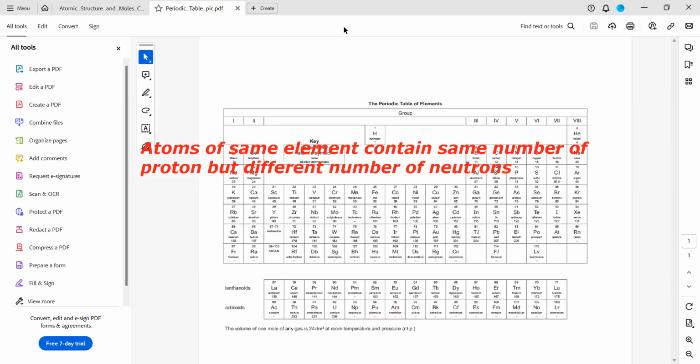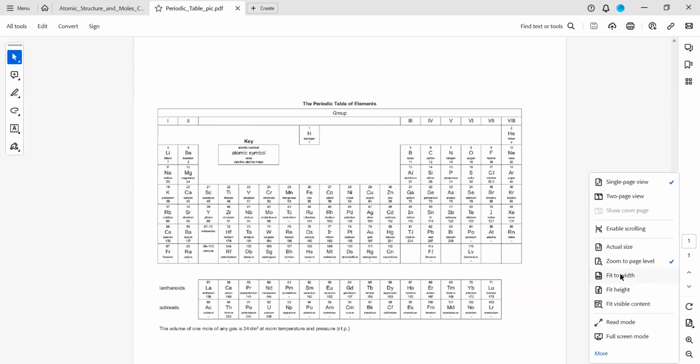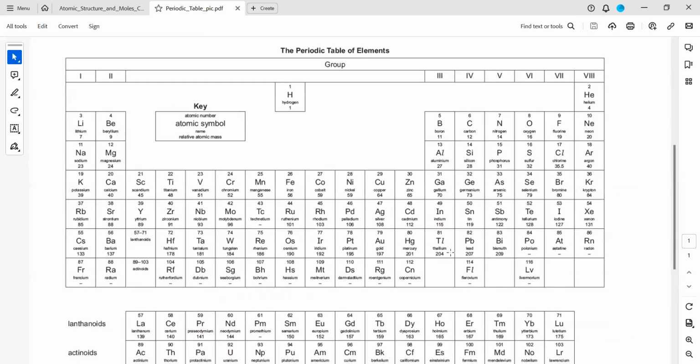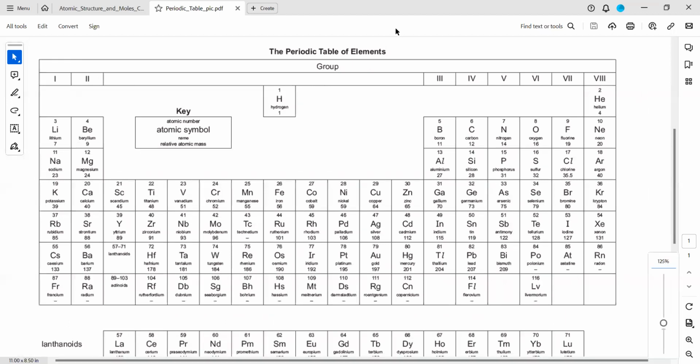So when you check the periodic table, what is the nucleon number of manganese according to this periodic table? Yeah, that's right. It is 55. You can see manganese here, so you will find it is 55, and you write 55 there.